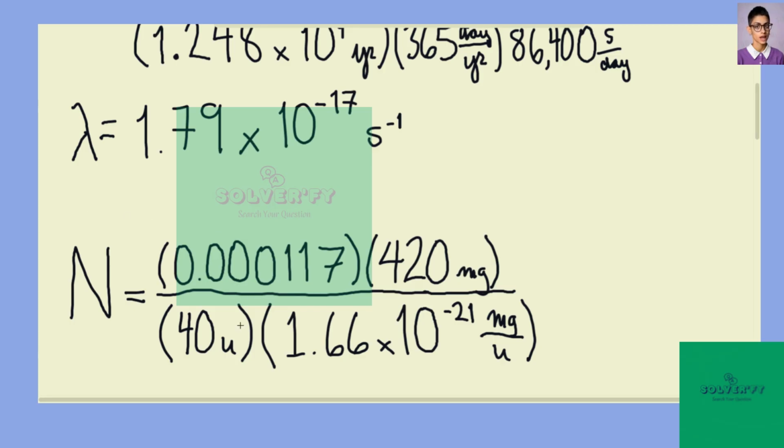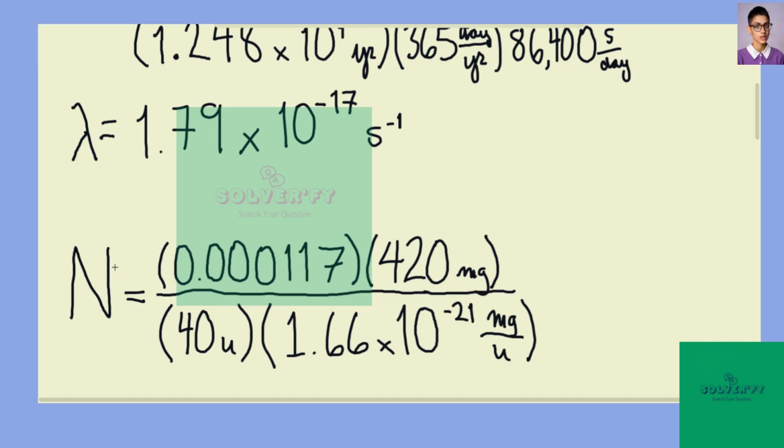The denominator, we can approximate the atomic mass of potassium-40 using atomic mass units, and the atomic mass number of potassium-40 is 40. This is an approximation. However, for the purpose of significant figures, it will do fine. And of course, we need our conversion factor going from atomic mass units to milligrams.